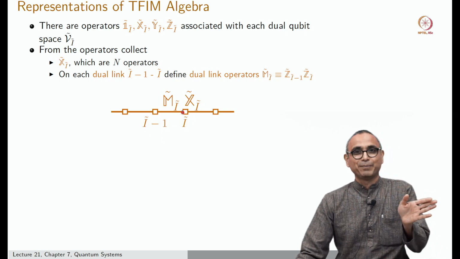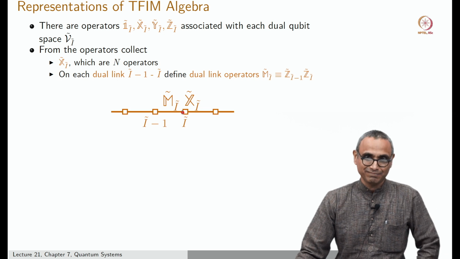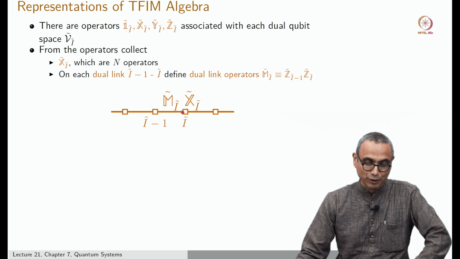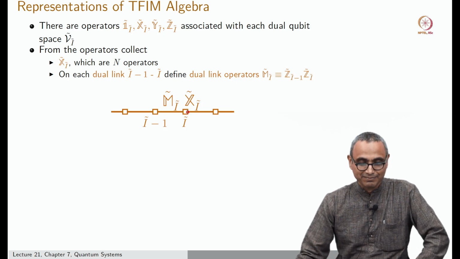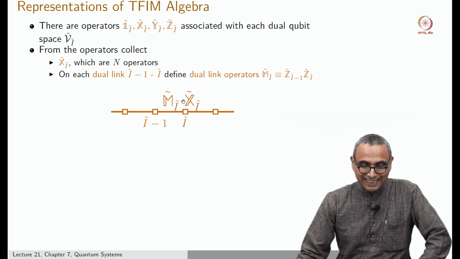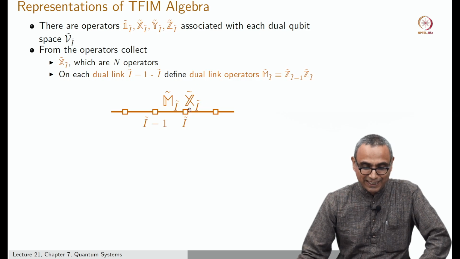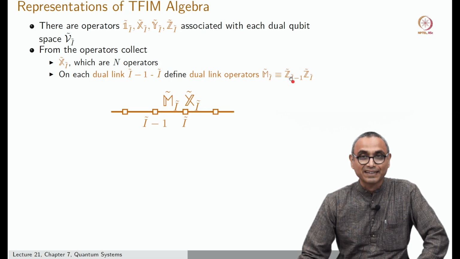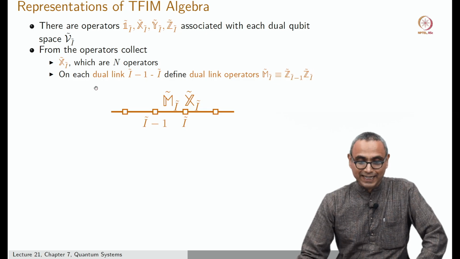So I am picking the link to the left, whereas in my original lattice, I was picking the link to the right of a site. So these x tilde i operators are associated with the dual site, and these m tilde i are associated with the dual link, and they satisfy this condition. They are related to the Pauli z operators at this site and this site via this relationship.